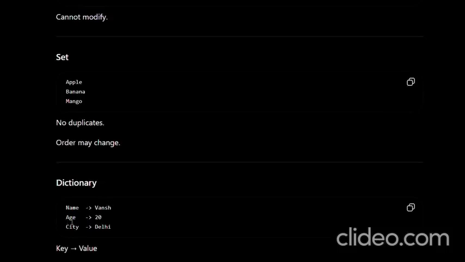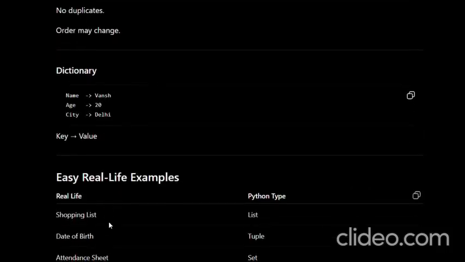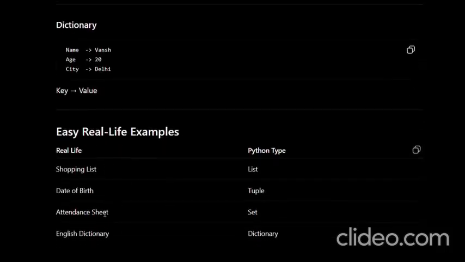A dictionary is made of key-value pairs like name: once, age: 20, city: Delhi. So these are the real-life examples of the different types: list, tuple, set, and dictionary.